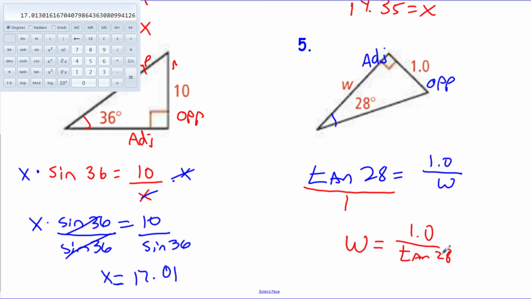So you can do a swap in proportions of two numbers that are the extremes or the means, and so that's what I did. So again, I'm just going to go to my calculator, and I'm going to do 1 divided by the tangent of 28, which is equal to about 1.88, right? So if you start noticing these, you can do a little shortcut in your solving, save yourself a step, and you'll find out in this case w is equal to 1.88.